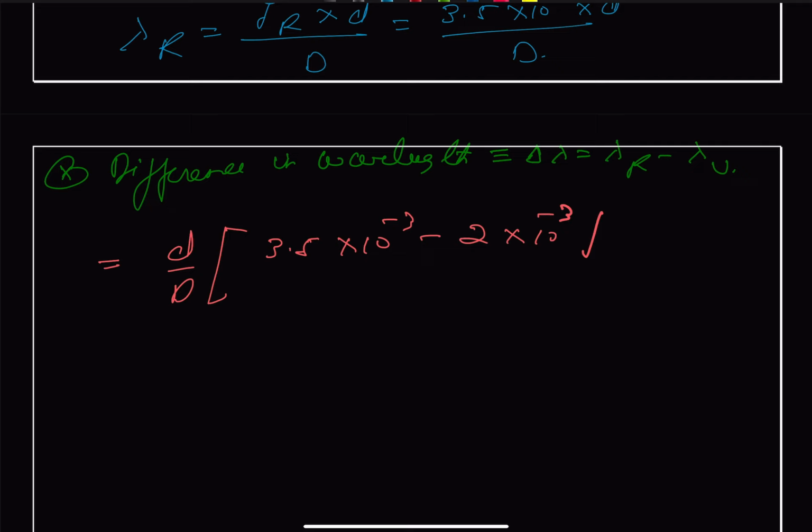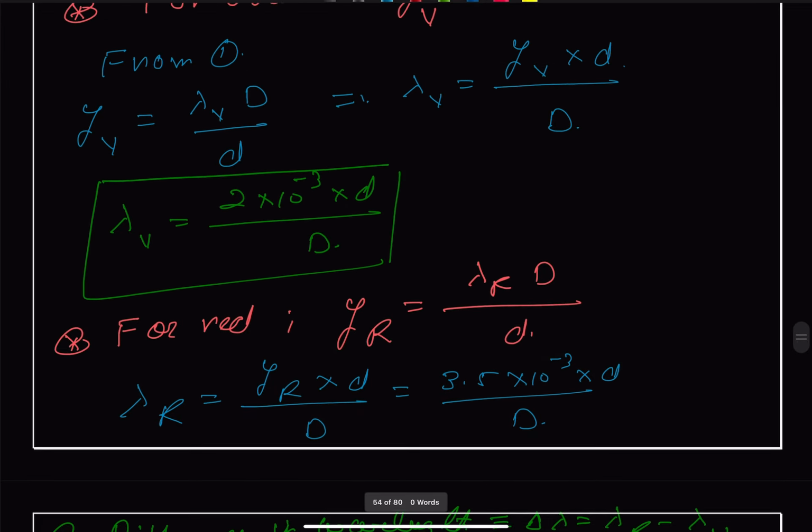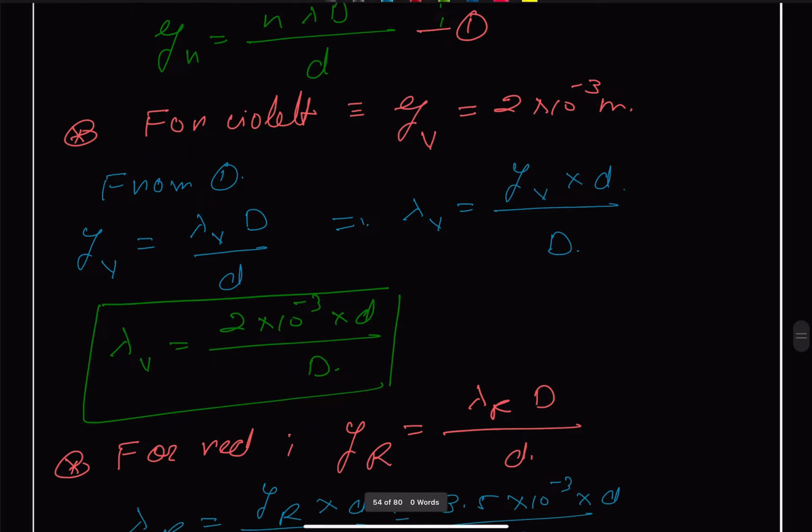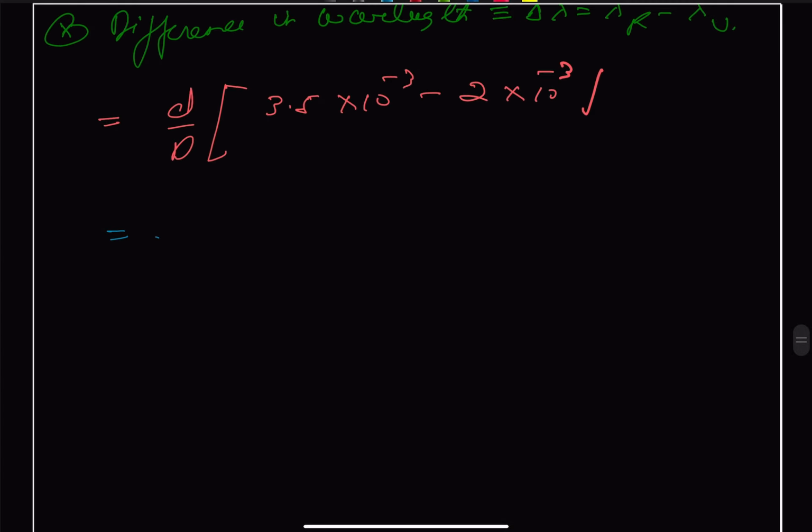and we substitute the values also. Small d is our 0.3 into 10 raised power minus 3, and capital D is our 1.5, and this 5 goes by 3 and 3 goes with 3. One second.